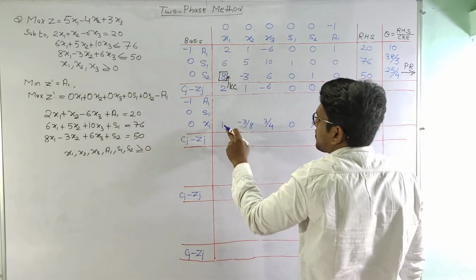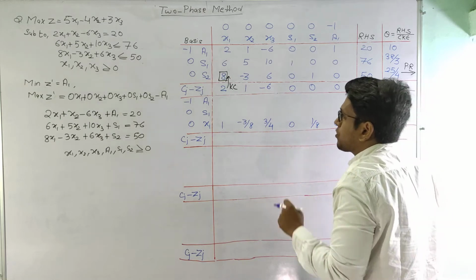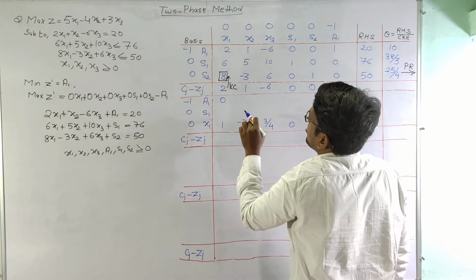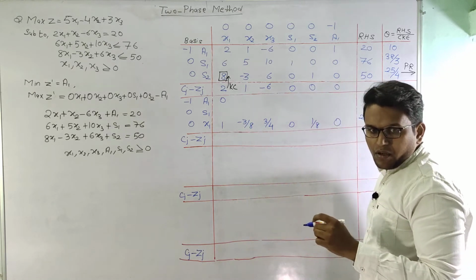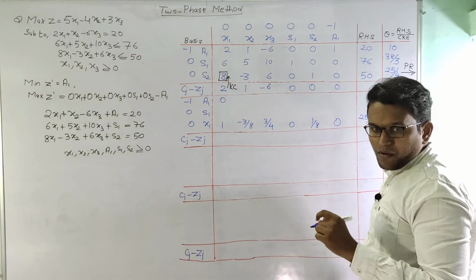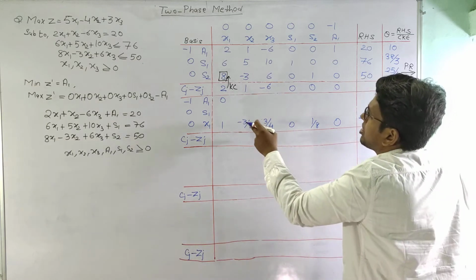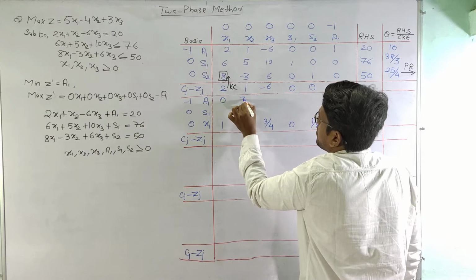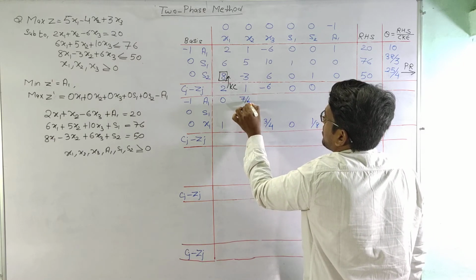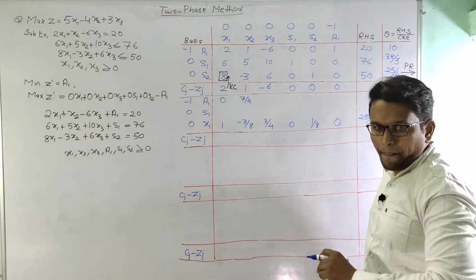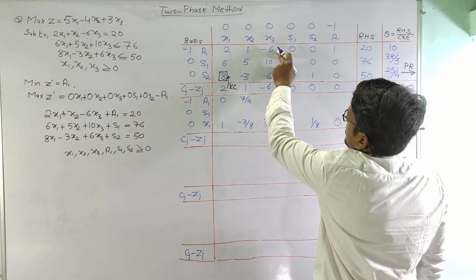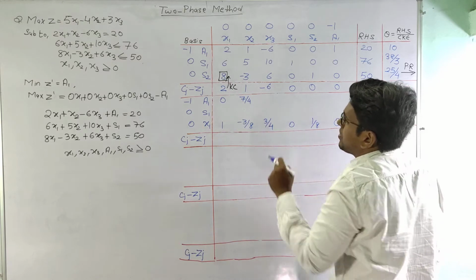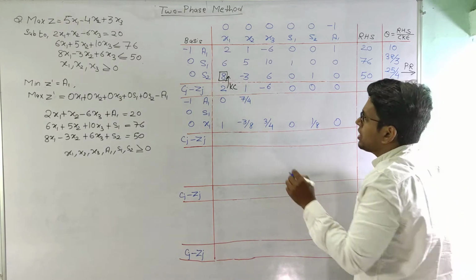So row 1 minus 2 times the new row 3 gives 2 minus 2 is 0, this will be 1 minus 3 by 4, minus of minus is plus, okay, this will be 7 by 4. Similarly minus 6 minus of 3 by 2, this will be minus 15 by 2.